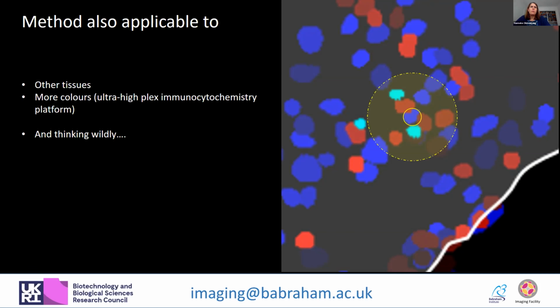But thinking also more wildly, perhaps you could use a similar kind of analysis pipeline to look at organization within nuclei, for instance. So chromatin folding and how histones are organized around this. And this, I guess, would be particularly interesting for our facility users within our epigenetics department.